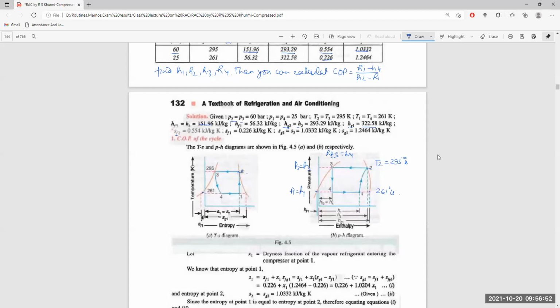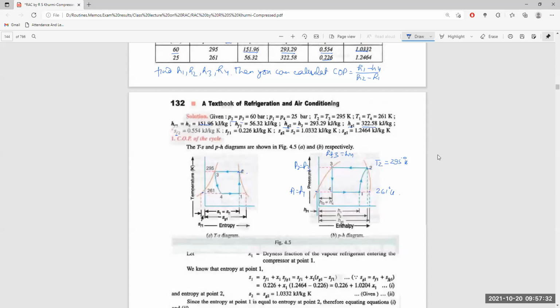now we know the entropy at point 1, that is given as S1. S1 is the entropy of the fluid state at 1 plus the fraction of the vapor present in the mixture multiplied by the latent heat of entropy at point 1 itself. This is the difference between the entropy at point 1 in gaseous state minus the entropy at the fluid state Sf1.